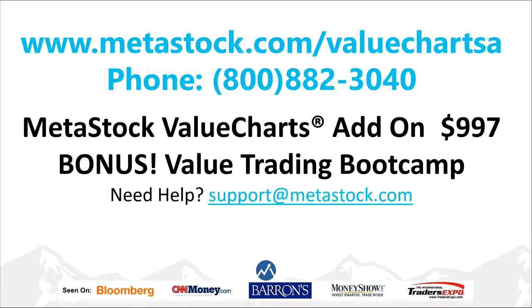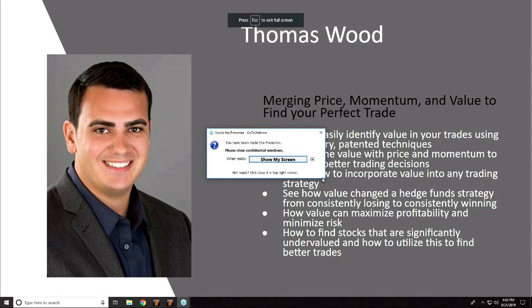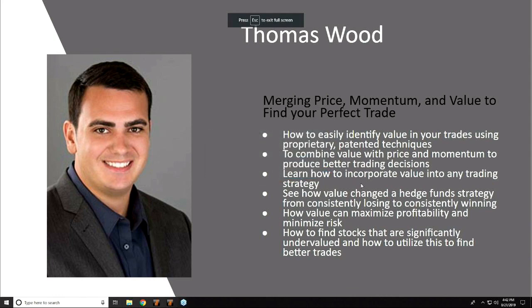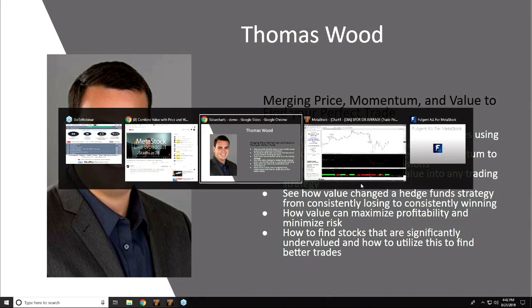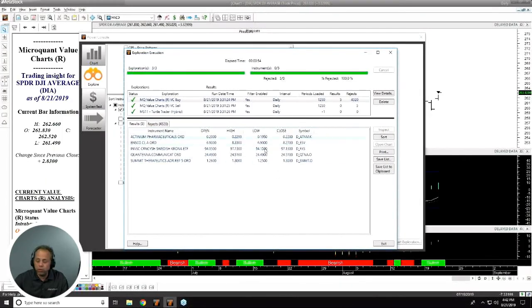Lee has a question that I'm going to take a stab at, because it has to do with the software. Let me turn back on my screen. I actually do have MetaStock loaded right here, and the question has to do with explorations. I've seen the other presentations and wonder if there are explorations that only return the VC buy or VC sell.